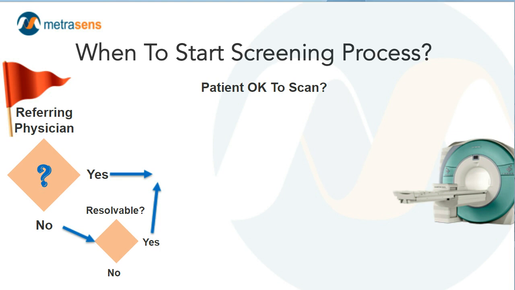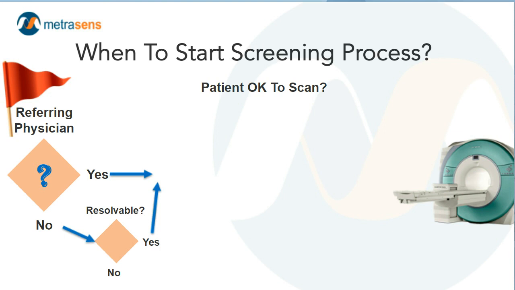Or you identify early on, before the patient even shows up at your doorstep, that you have an unresolvable situation, and so the patient doesn't advance towards scheduling unless and until we can get the information we need to resolve the question.